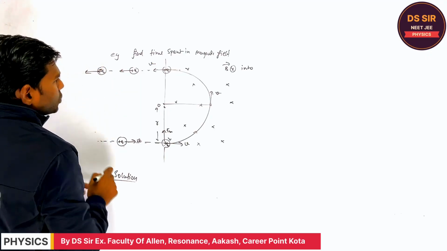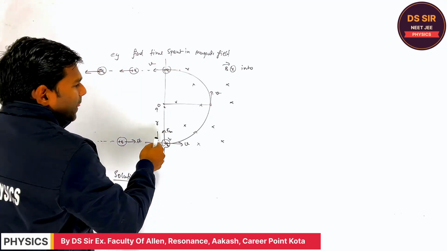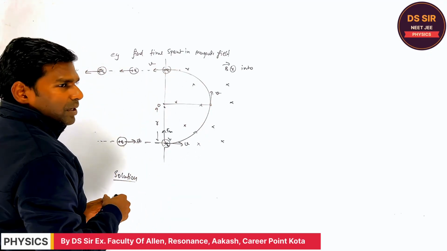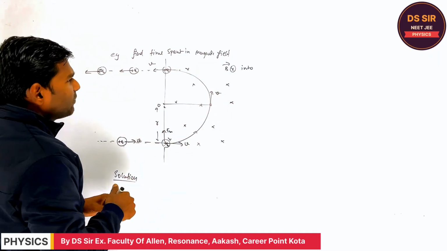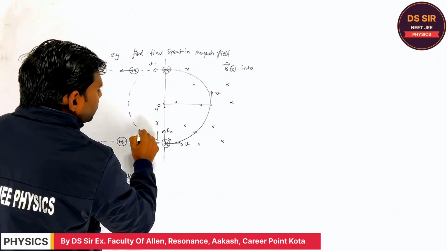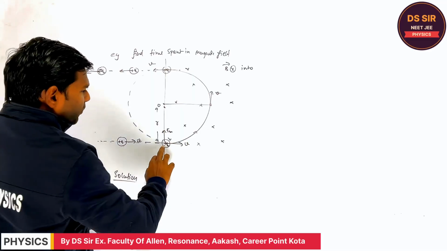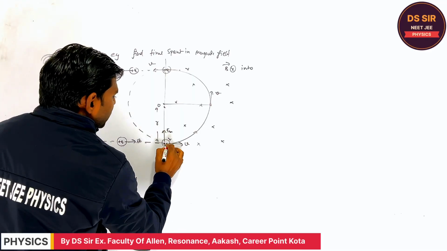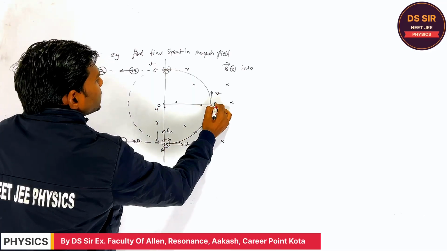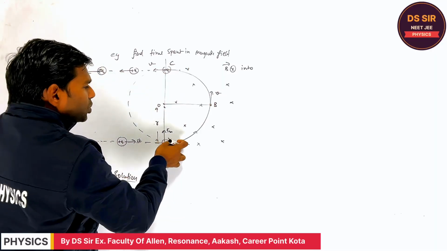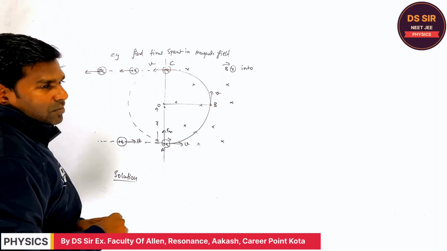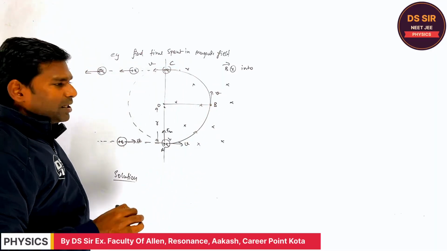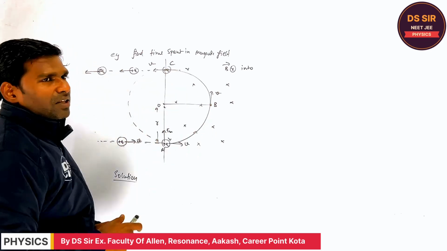So what is the time spent? Listen, from here to here, if the magnetic field was present everywhere, then it must complete the circle. But from here A, and then B, then you may assume C. So only the half circle, or half the time period, is spent in this magnetic field.